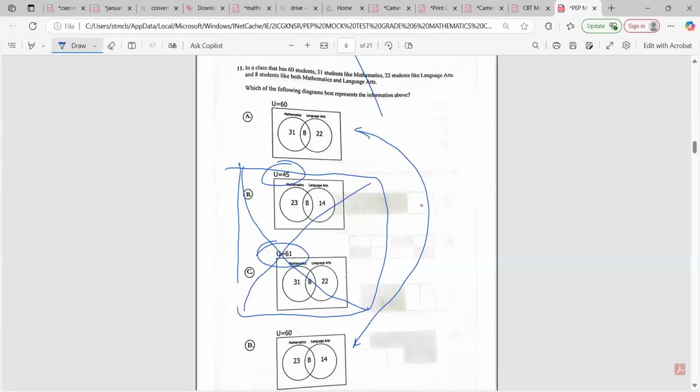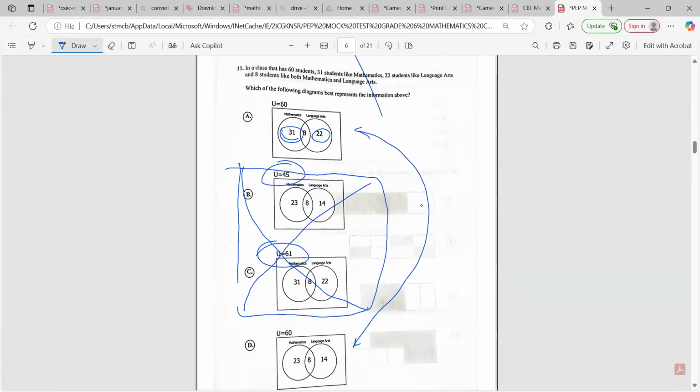Make a reason to. Now, they said 31 students like mathematics and 22 like language. They did say only, so that's kind of tricky, because this is only. This means 31 like maths only, 22 like language only.